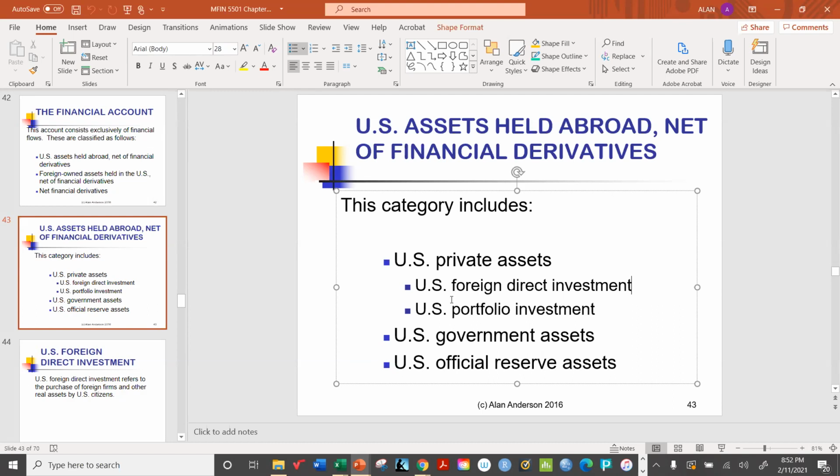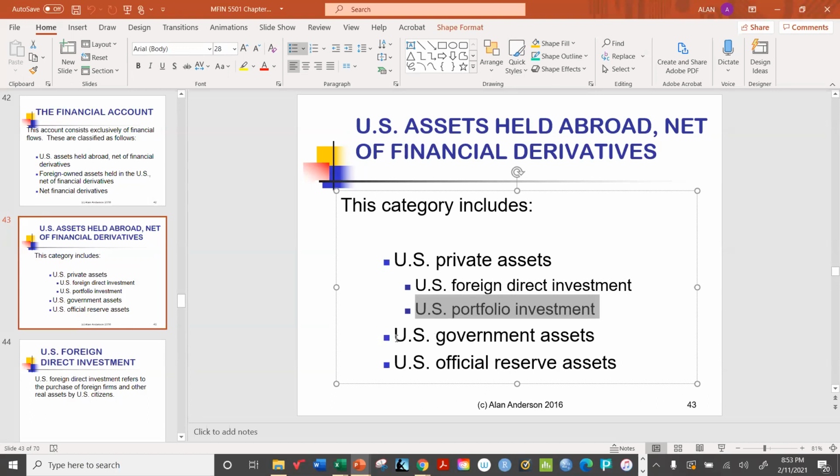We make a distinction here because portfolio investment can shift in and out of the country very, very quickly. It's easy to sell stocks and bonds. Foreign direct investment is a very long-term investment. It's not easy to close it down and sell it at a moment's notice like portfolio investment. So this is one of the motivations for treating these as two separate categories.